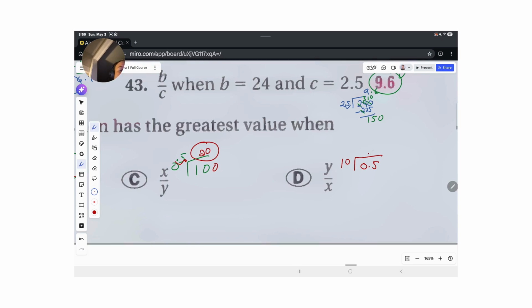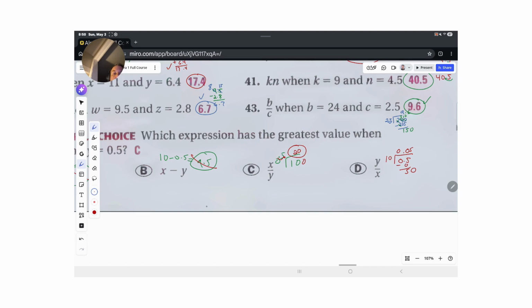So let's go ahead and put a 0.0 there as well, and then bring down a 0. 10 will go into 50 5 times, that's 0.05. That's a much lower number, right? 5 100ths there, or 1/20th. But we're looking for the greatest value. So C will be our correct answer.